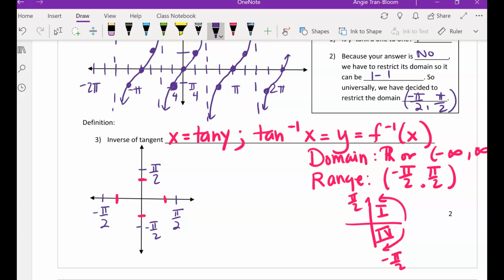So for the asymptotes of our regular, we start with negative pi over 2, one asymptote. The other one's at positive pi over 2. Pi over 4 is smack center, so I'll make another mark right there. At pi over 4, go up 1. At negative pi over 4, go down negative 1. And here is the regular. I'm sorry, I lied earlier. This is y equals tangent of x. Okay, restricted.